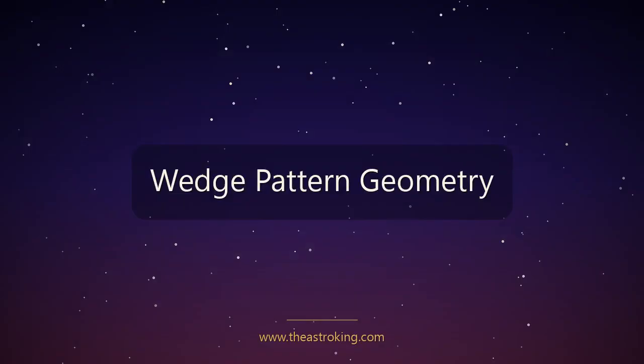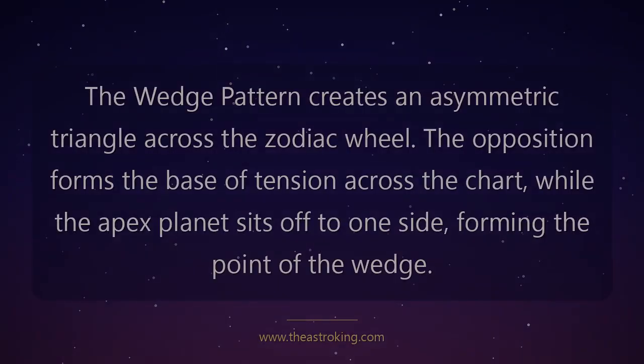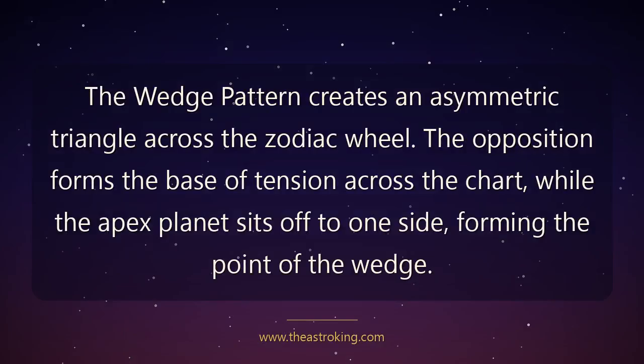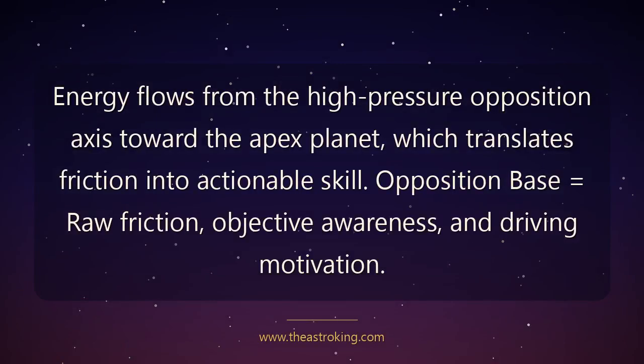Wedge pattern geometry. The wedge pattern creates an asymmetric triangle across the zodiac wheel. The opposition forms the base of tension across the chart, while the apex planet sits off to one side, forming the point of the wedge. Energy flows from the high-pressure opposition axis toward the apex planet, which translates friction into actionable skill.